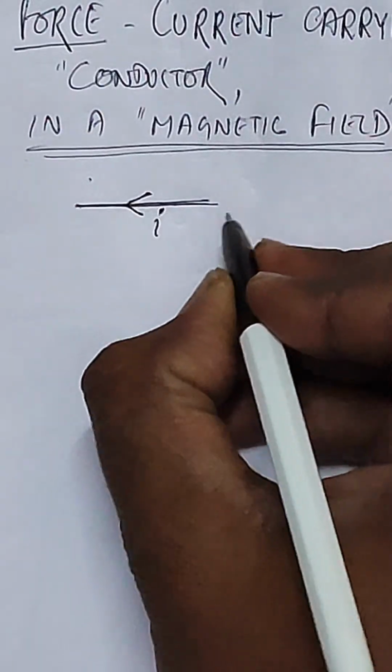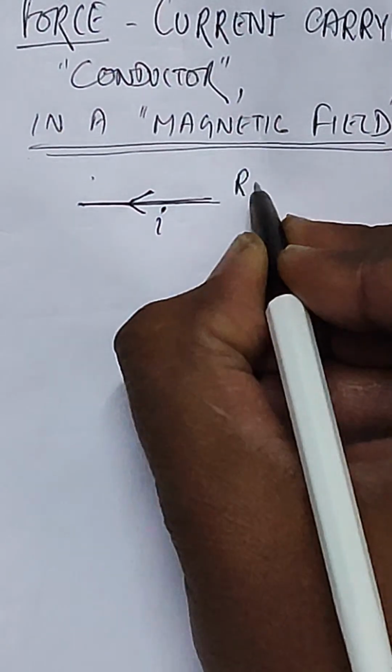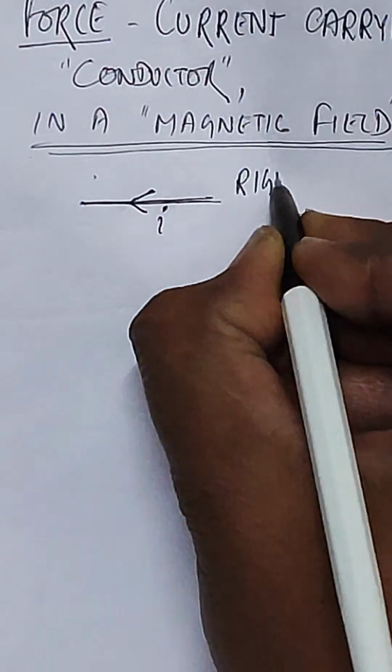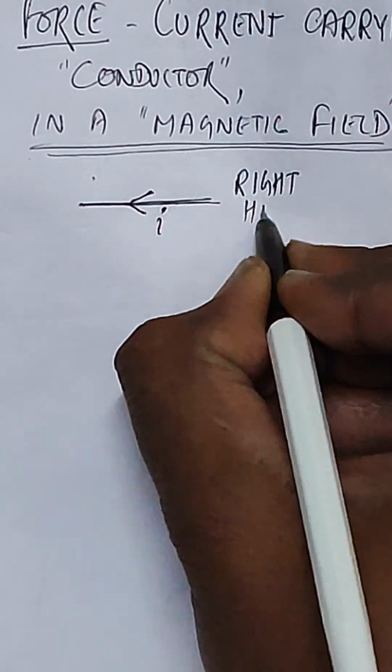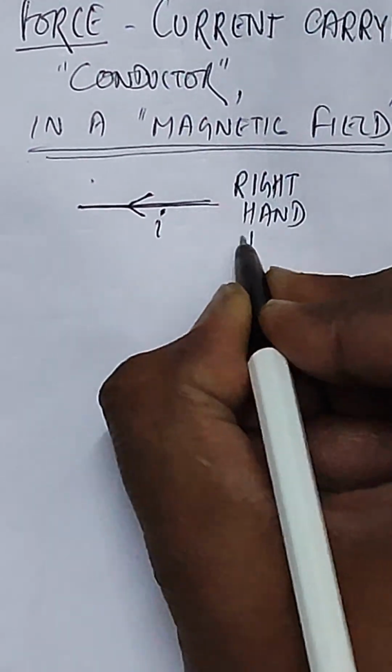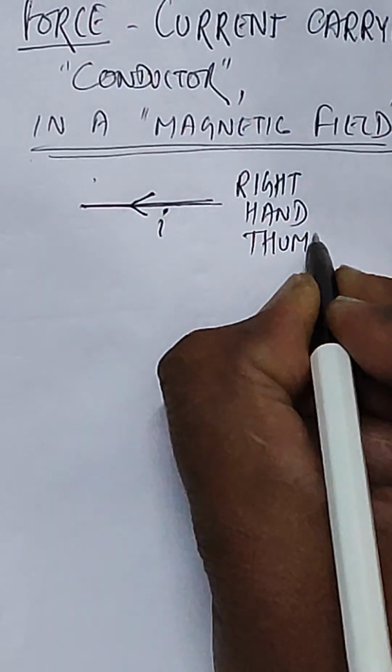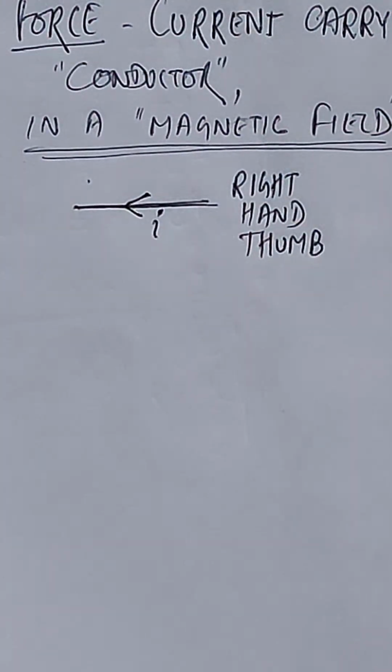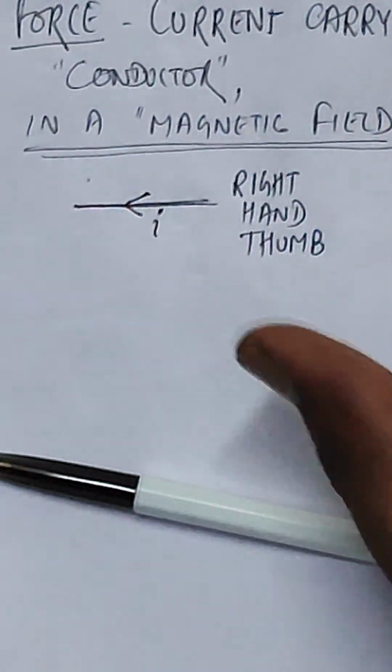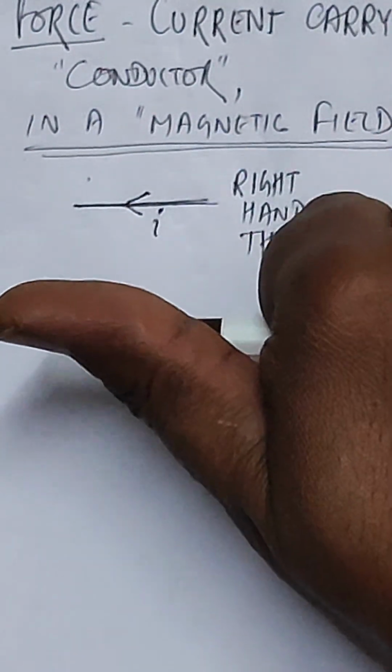This thumb will show the direction of the current, right? Right hand thumb. So that means this is my right hand, and the thumb of my right hand will be in the direction of the current.